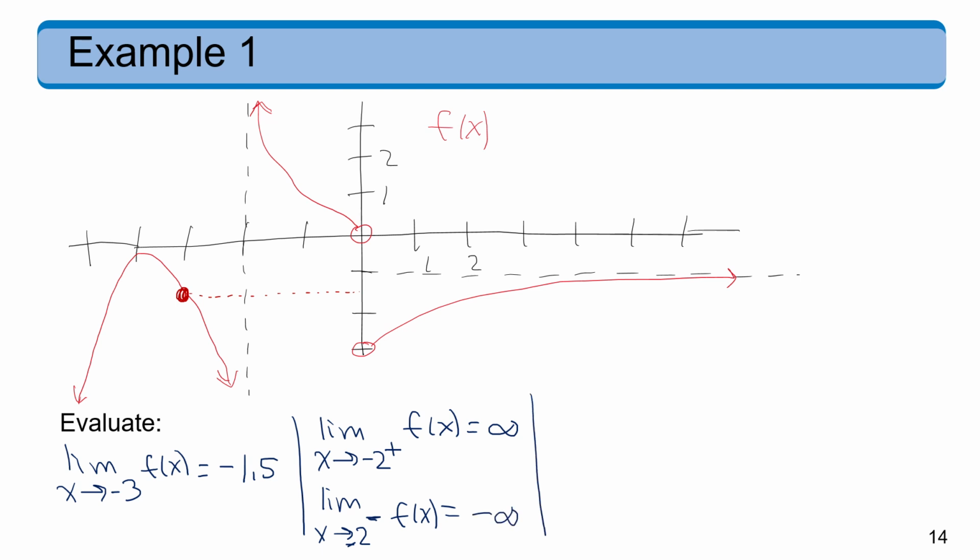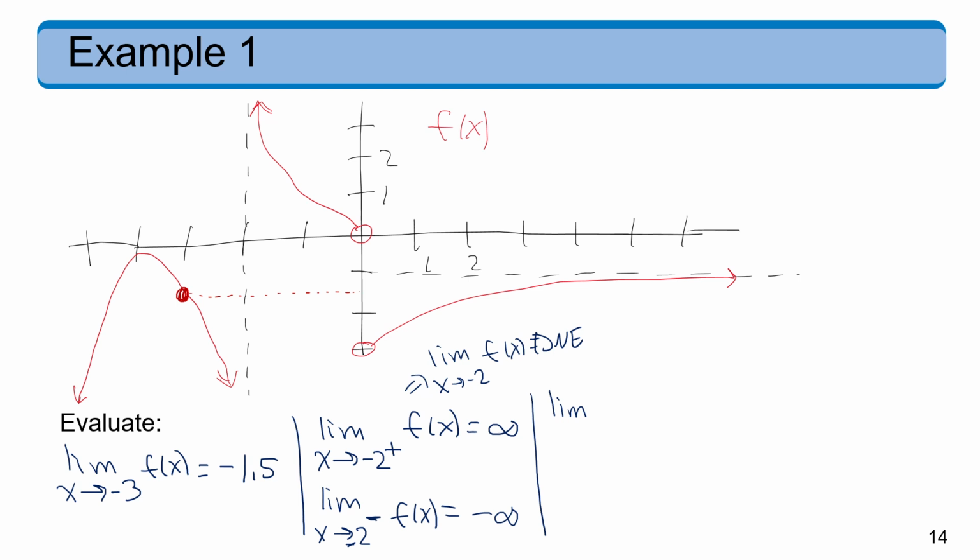Okay, and by the way, those two results together tell us the regular limit as x approaches -2 does not exist, right? Because for the left and right, we can't even say infinity, because it's positive infinity in one direction, negative infinity in the other.